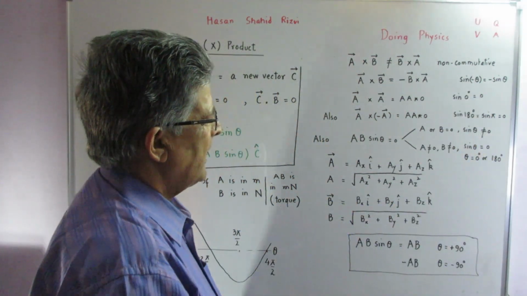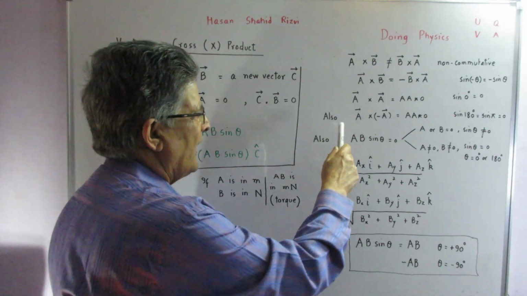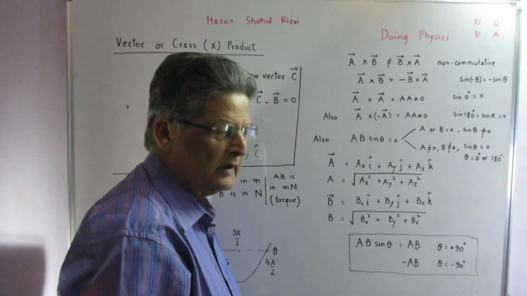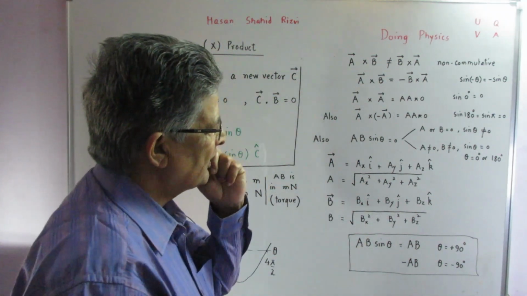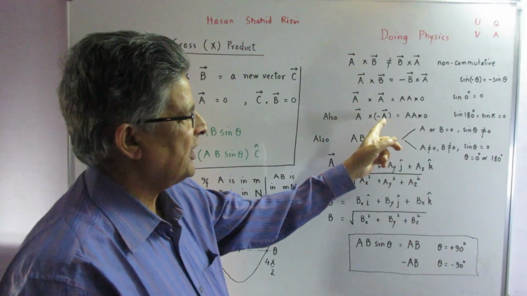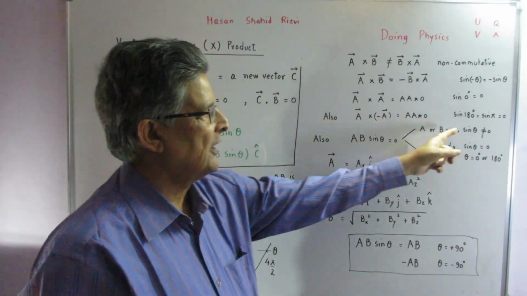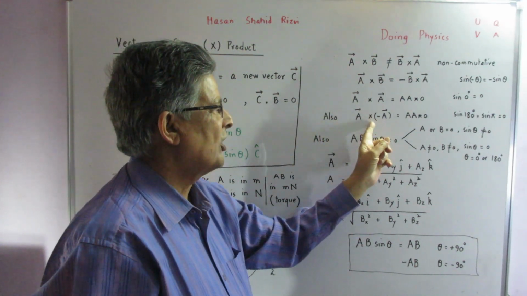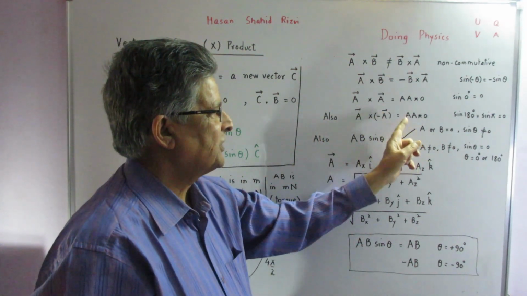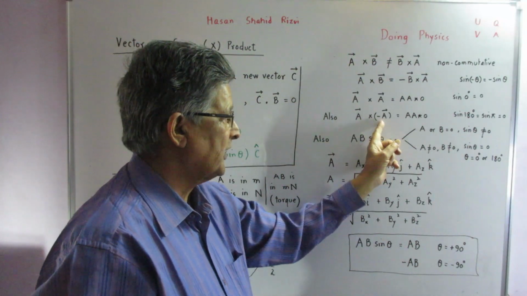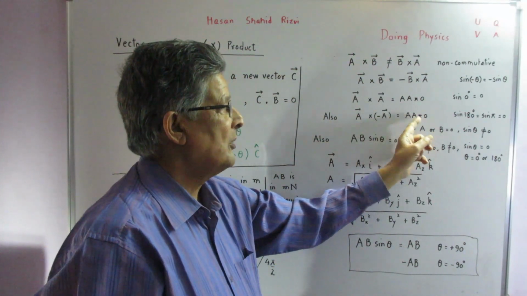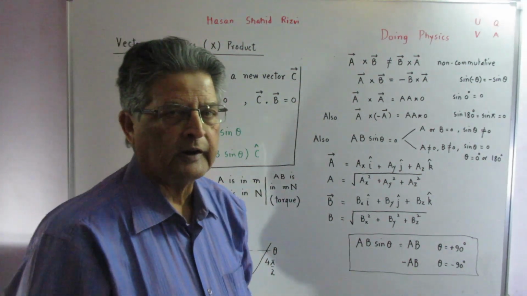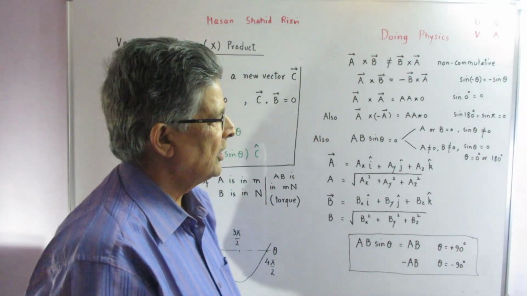Also, if the two vectors are anti-parallel to each other, one in one direction and the other in the opposite direction, so that the angle they make is 180 degrees, then A cross minus A turns out to be equal to AA multiplied by 0, because sine of 180 degrees, which is sine of pi, is also equal to 0.